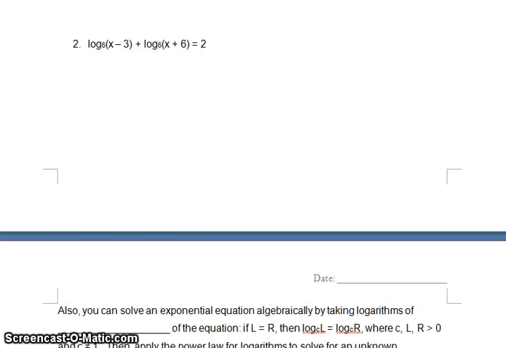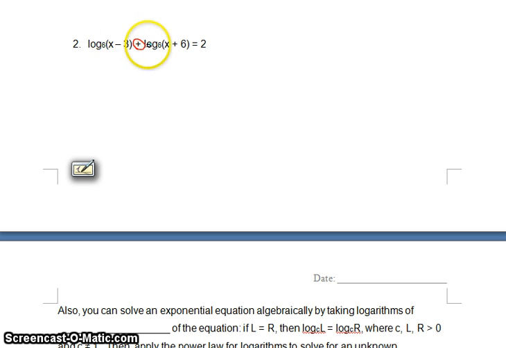Alright, so here for number 2 we have the log of base 6, x minus 3, plus log base 6, x plus 6 is equal to 2. So we're going to use our 8.3 rules, and if you guys notice here, we have a plus sign, or we're adding. So if you guys remember that law, that is the product law.